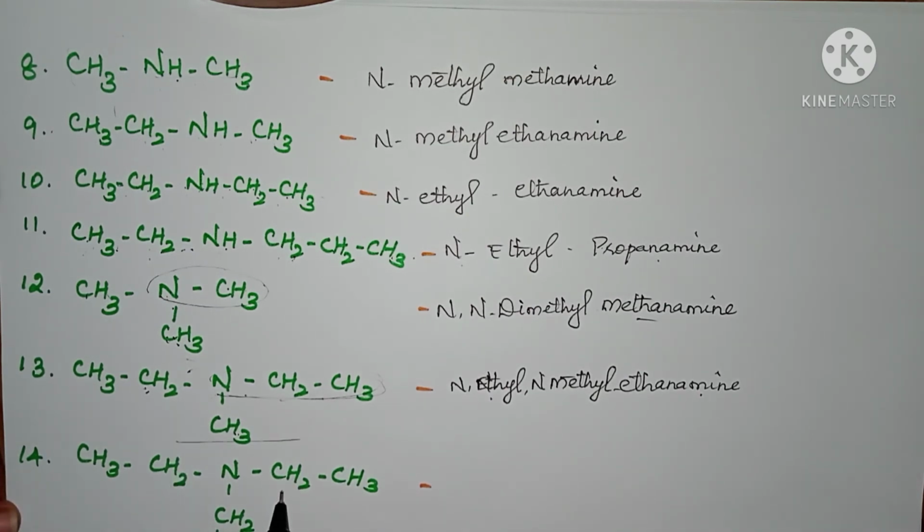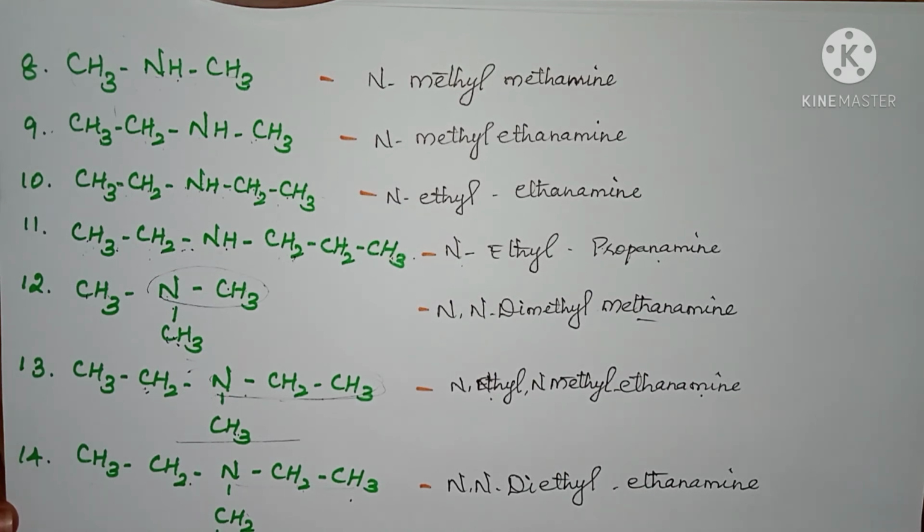Now the next one, come on, do it on your own. Here CH2, CH3, CH2, CH3. Here also CH2, CH3. Now how will you name this? All three sides have only ethyl groups. So one group you take as ethanamine. Now here, how will you write it? N,N-diethyl ethanamine.